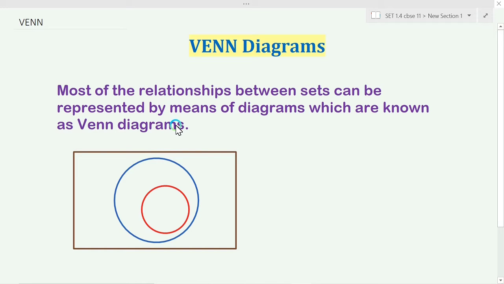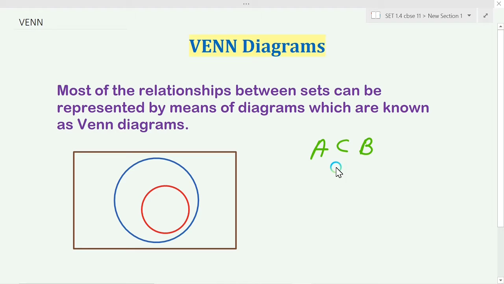There are many relationships between sets, and we can represent most of them by diagrams or pictures known as Venn diagrams. So what are the relationships? Take two sets A and B and take the relationship of subset, that is A is a subset of B. If you don't know what a subset is, please watch part 3 of set theory.